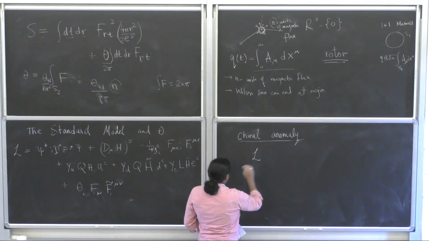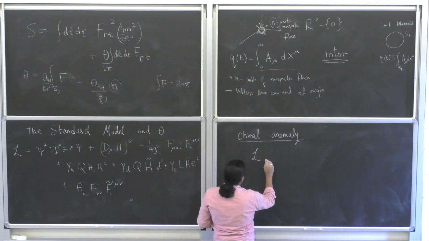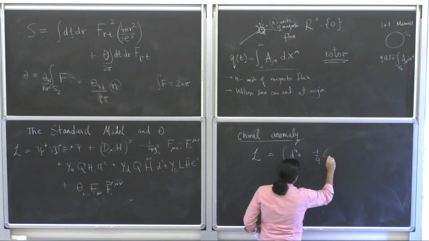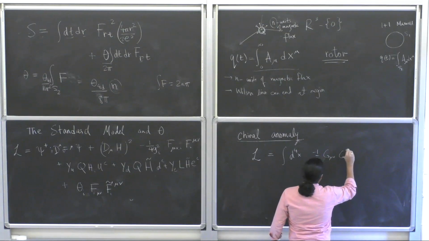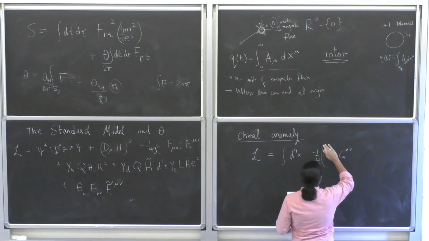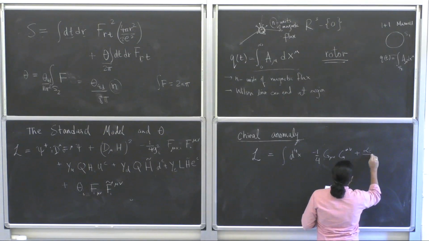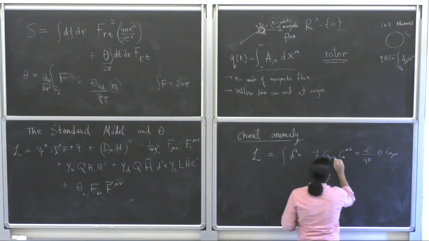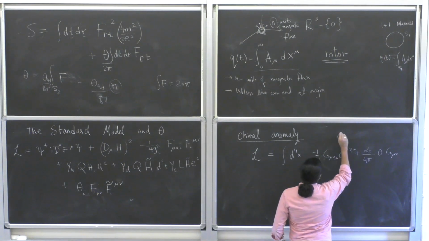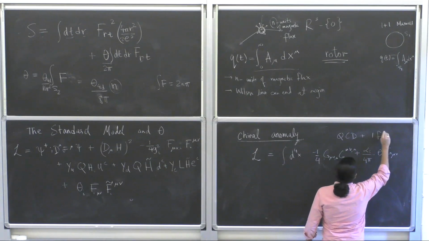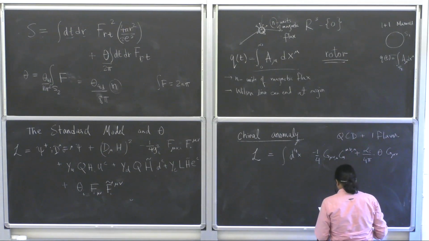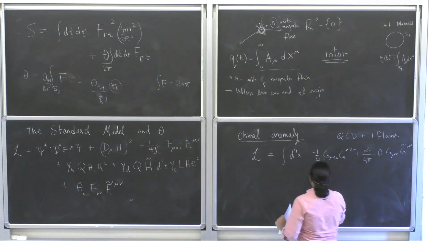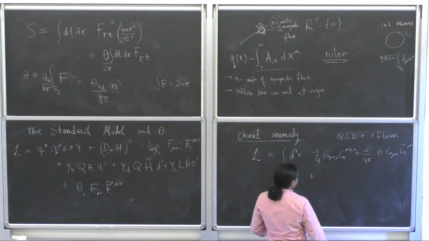Let's look at a simpler version of the standard model, which is QCD with one flavor. So this is QCD. And one flavor means here one massless flavor.